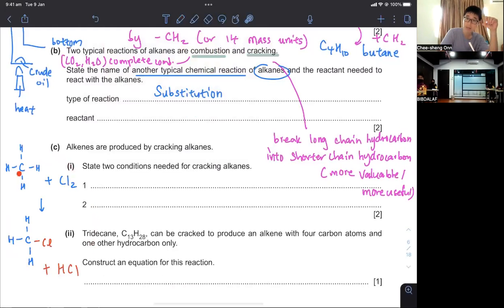Balance the equation. This overall reaction is called substitution, and you need UV light. UV refers to ultraviolet light. Sometimes the question will say sunlight. Sunlight will also work, as sunlight has ultraviolet light.